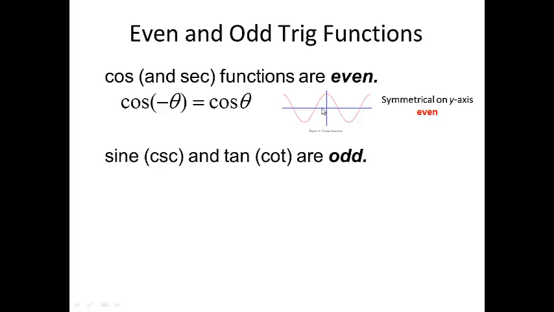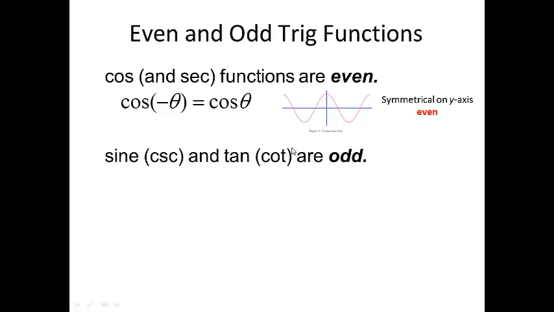If I go over the same distance on the negative side, I come up to the same point on the y-axis. If I go 1 pi over on the x-axis, I come to -1. If I go over a negative pi, I also get -1. So it's the same on both sides. That's what this is saying. No matter which side I go, positive or negative, I come up on the same thing on the y-axis.